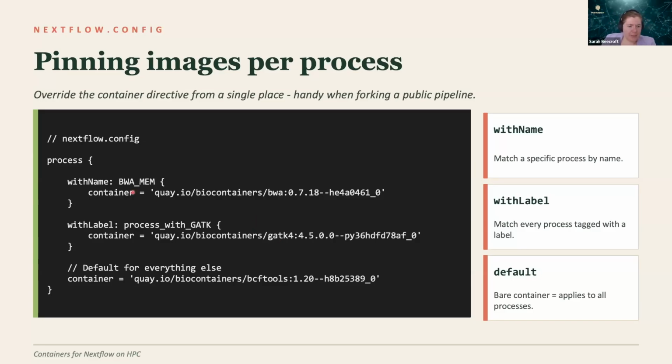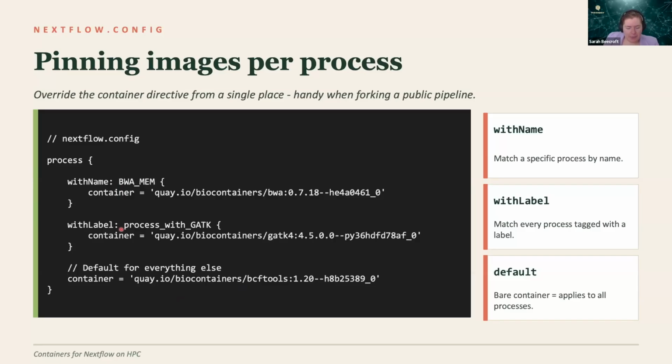So, for example, if I want to update my process BWA mem with this name, I can say, here's the container I want to use. And for this one, I want to use this container. And maybe I have a default for everything else, hypothetically, which would be this one. So you can specify the process with name, so that's exactly this process has this name, or with label.